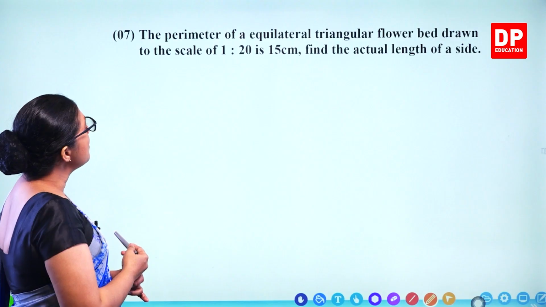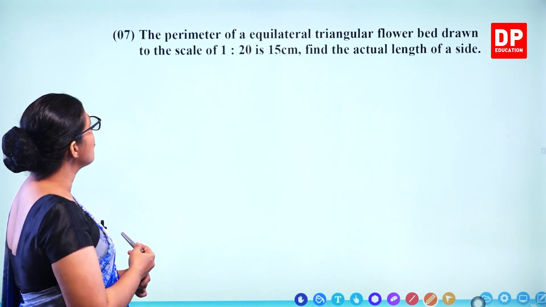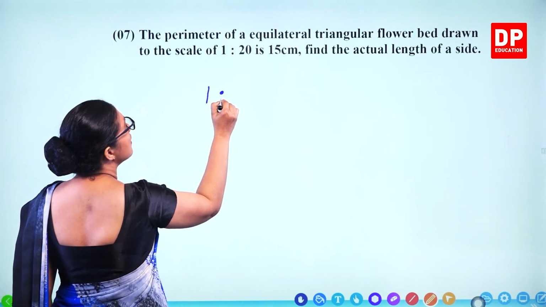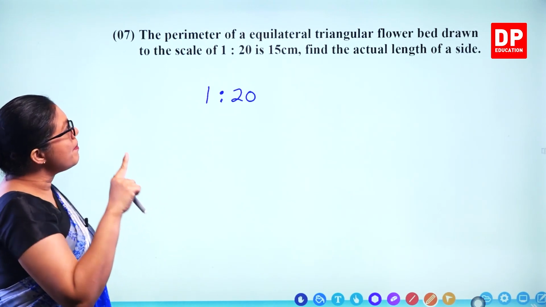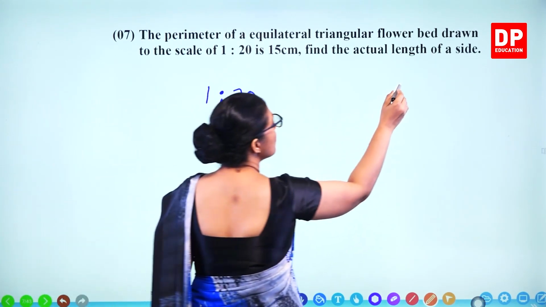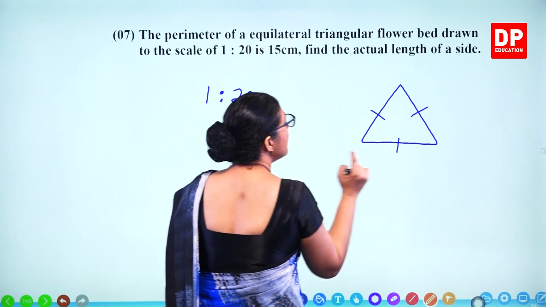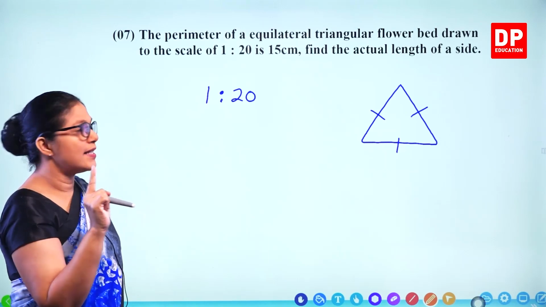Question number 7. The perimeter of an equilateral triangular flower bed drawn to the scale 1 to 20 is 15 centimeters. That's the perimeter. Find the actual length of a side.